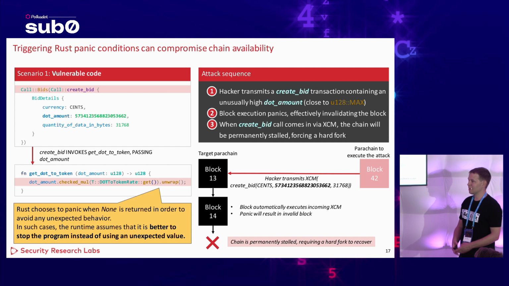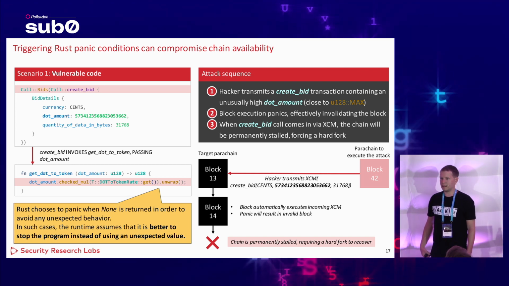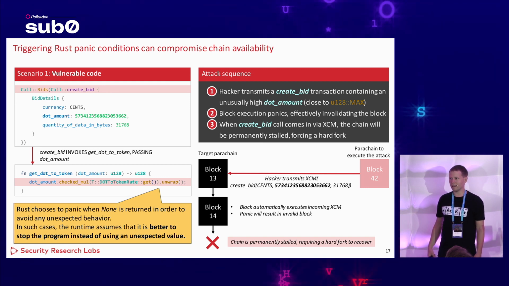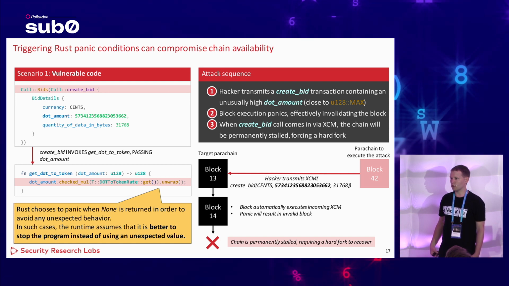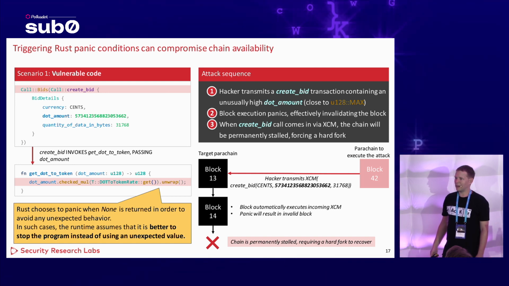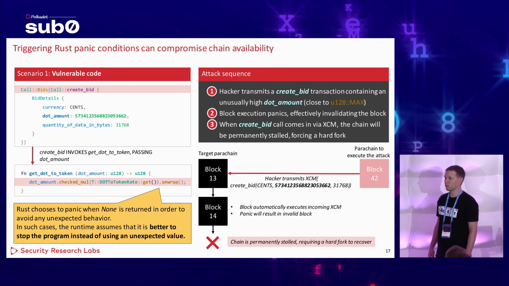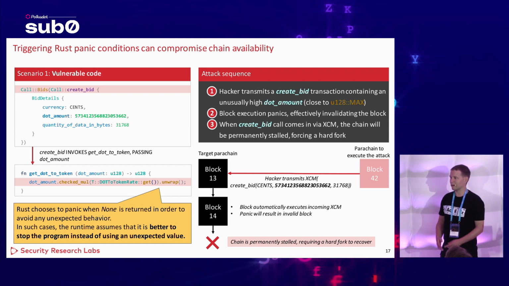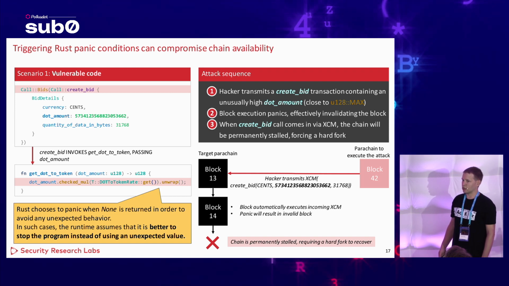The runtime code will make sure that this is executed, so there's absolutely no way to make a valid block which is not executing an incoming XCM message. If an attacker exploits it that way via XCM, then your chain will be permanently stalled and needs a hard fork to recover, or basically relay chain governance could rescue your chain, but without that, the chain will be stalled.